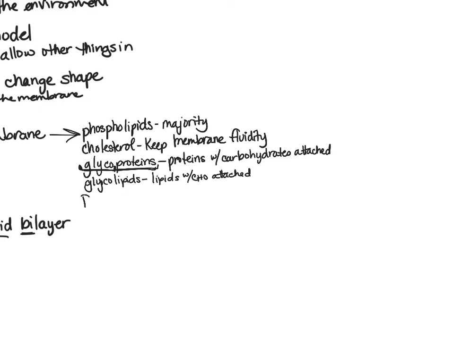And then we have membrane proteins. And we have two different types of proteins to mention. We have what are called integral proteins. And those are proteins that go all the way through the bilayers.